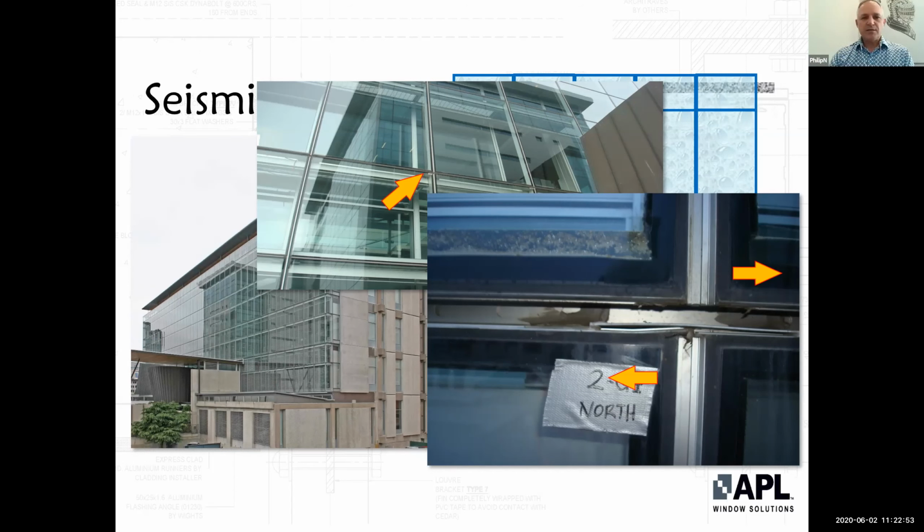So this building here is the Christchurch City Council building, and this is a double skin facade. It's got a single glazed, structural glazed system on the outside and a double glazed, flush glazed system on the inside. We took some images of the structural glazed system on the outside after a seismic event.